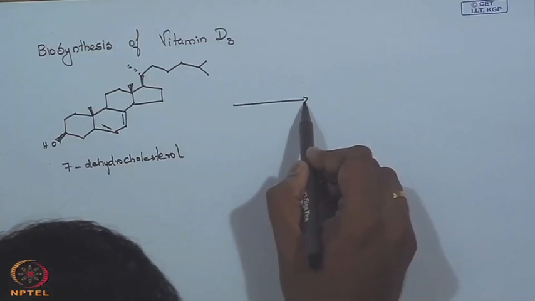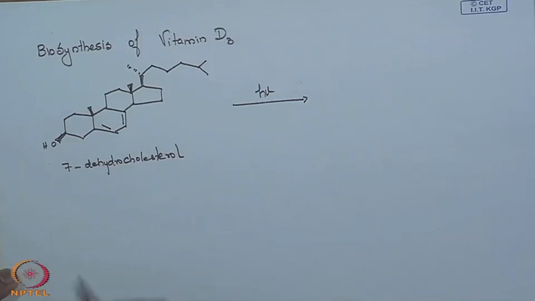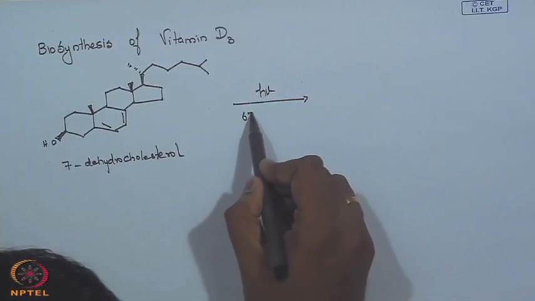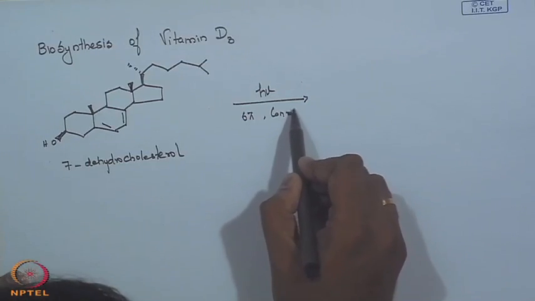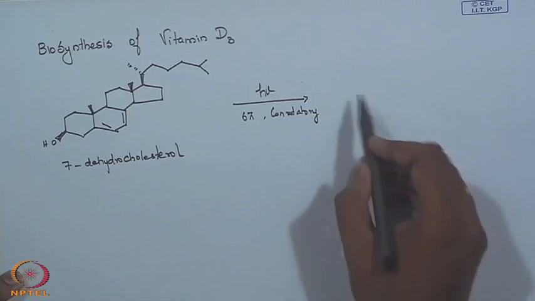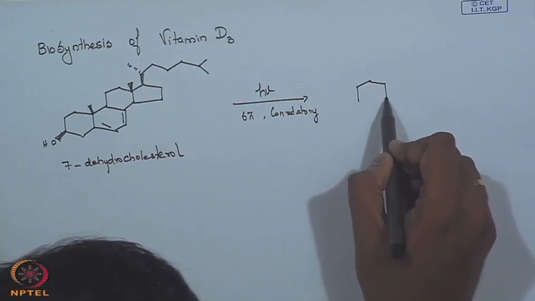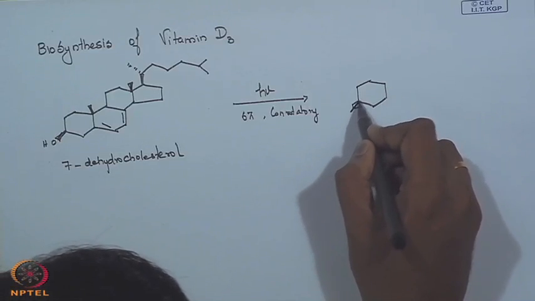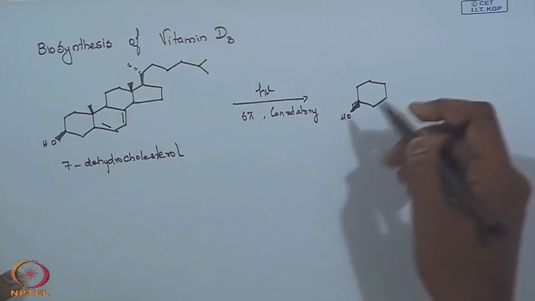So I have taken this. Now I say that I photolyze it. On photolysis it undergoes a very nice 6 pi conrotatory electrocyclic reaction, which you have studied.